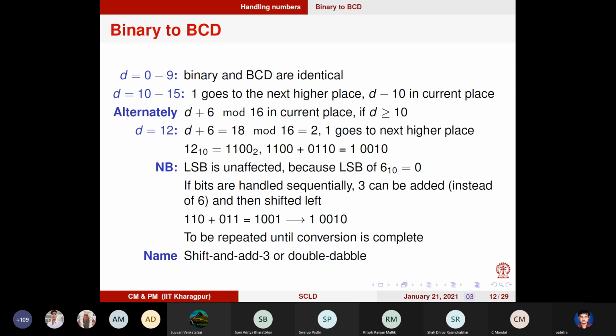Let's live with that redundancy. You can either use 3 bits or 4 bits. 3 bits is insufficient, so you have to use 4 bits, but 4 bits is kind of oversufficient, in the sense that you only need to represent 0 to 9. The remaining numbers up to 15 are in excess.